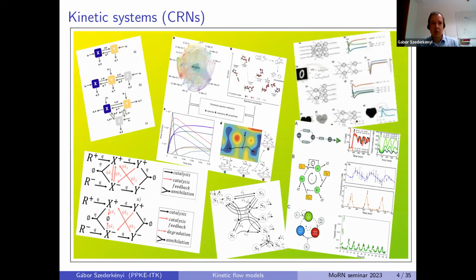Okay, so the central objects of this seminar are chemical reaction networks or kinetic systems. And for a control engineer, these are very general but mathematically treatable nonlinear systems.